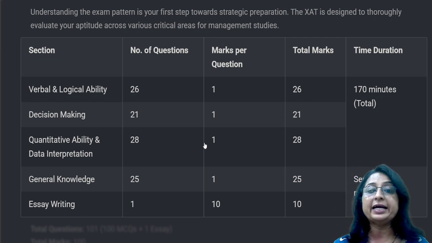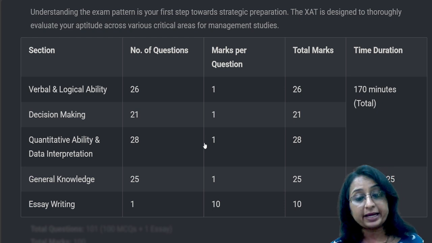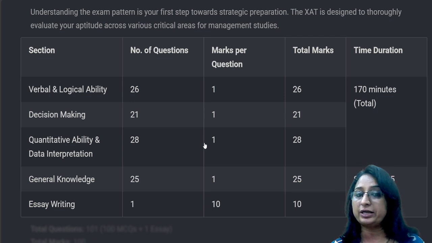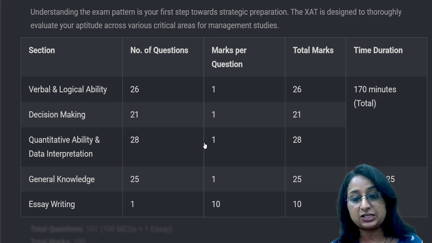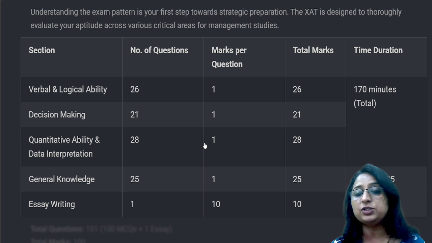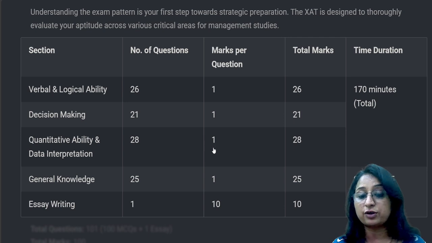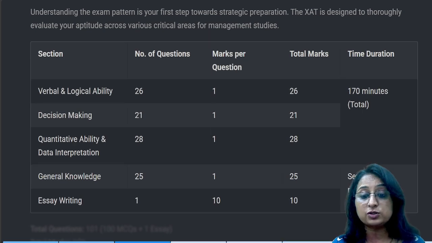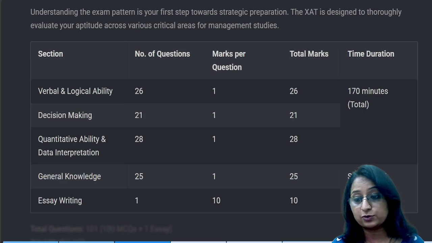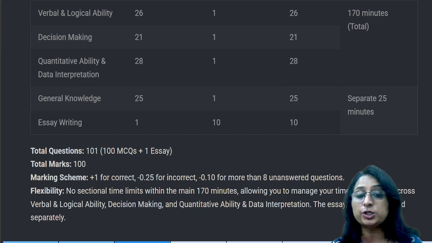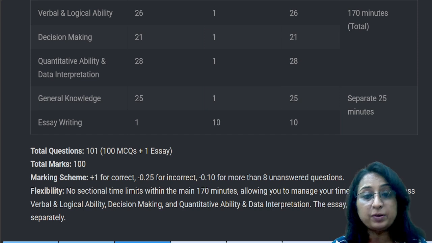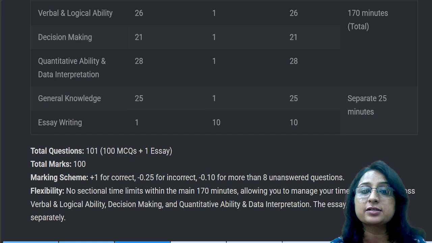Quantitative ability and data interpretation have 28 questions, which means 28 marks. GK has 25 questions with 1 mark each, and now the total of this whole scenario goes to this in front of you. Essay writing is also there, so you have to clear this also. Total questions 101 MCQs plus 1 essay, and total marks is 100.